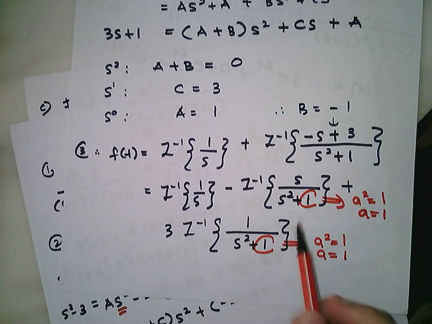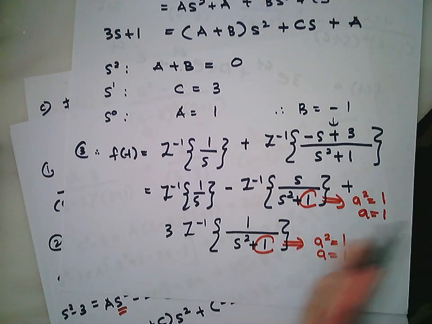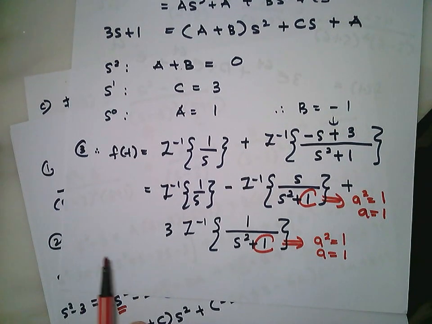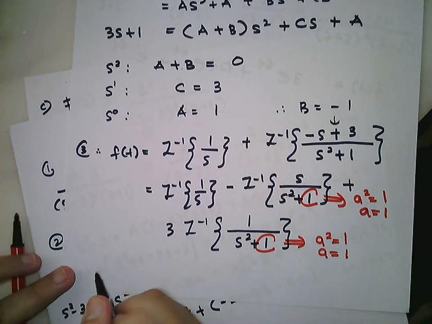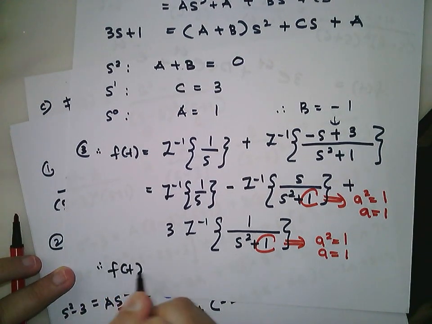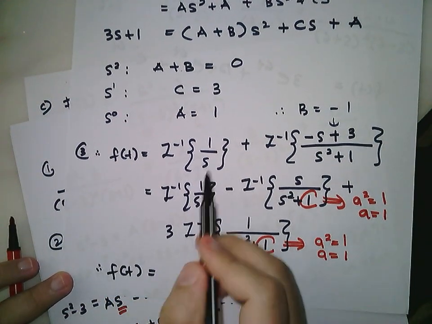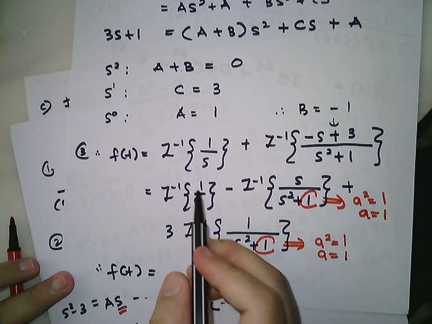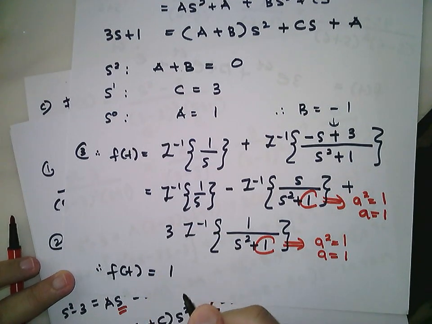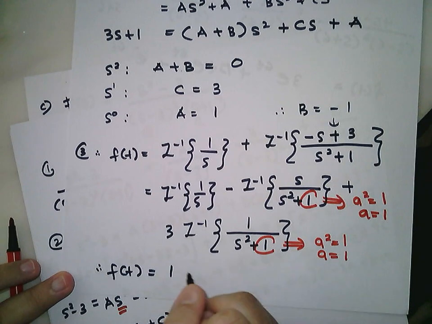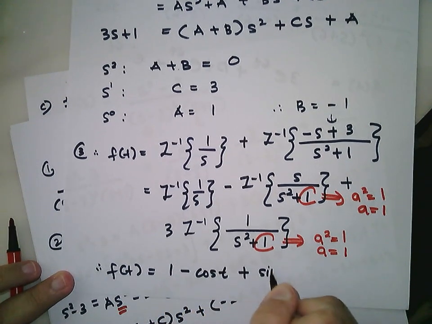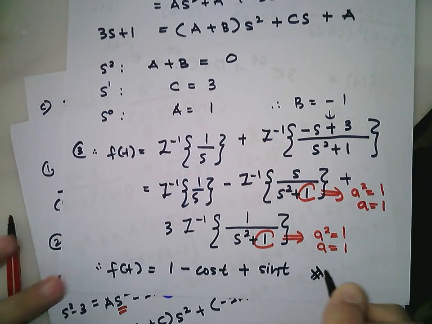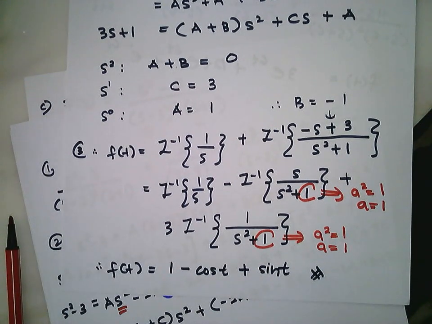If you don't understand, please go back to my previous video and watch it again. Therefore your f(t) is equal to the inverse of 1 over s, which is 1, minus cos t plus sin t. So this is the final answer.